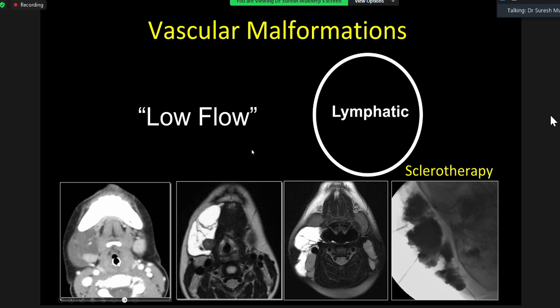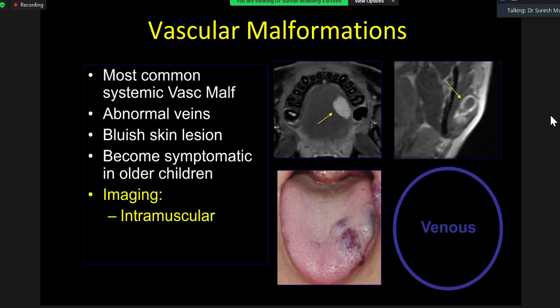And when you say this, you say it's a low flow lesion, and then these lesions are typically treated with some percutaneous treatment. And I've just illustrated a case of sclerotherapy. I won't get into the treatments because there are so many options right now, and it's really best addressed by an interventionist. But I think an important role that we have is to make sure that we properly assign the correct diagnosis and then say that it's low flow, and then they can be treated appropriately.